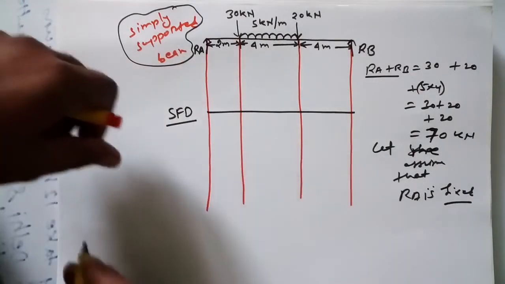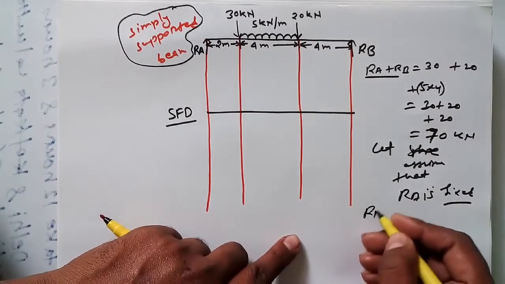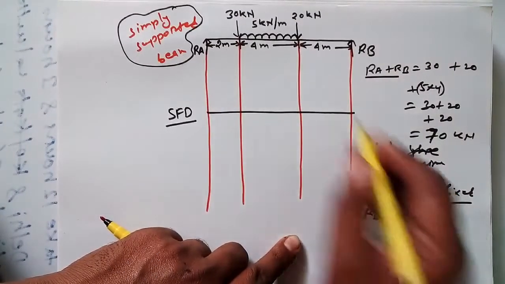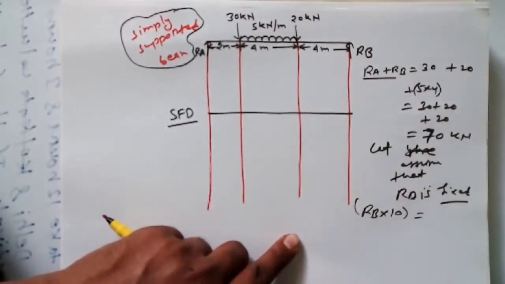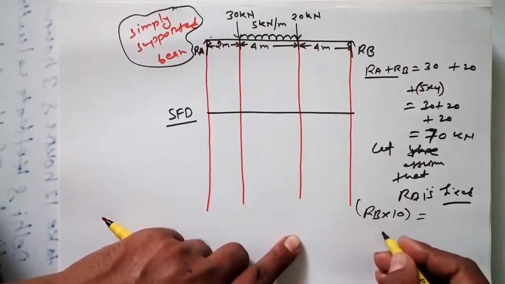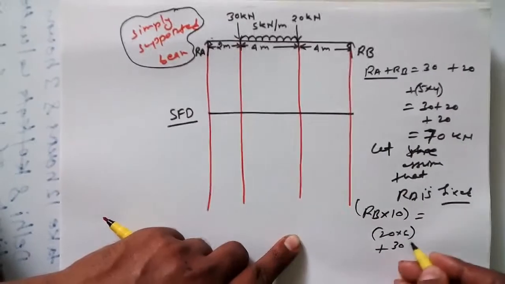If I assume RA is fixed, we can write an equation, taking moments. So RB into the total length of this beam, that is 4 plus 4 plus 2 is equal to 10 meter, is equal to 20 into the total distance from here to here. So 20 into 6 plus 30 into 2.